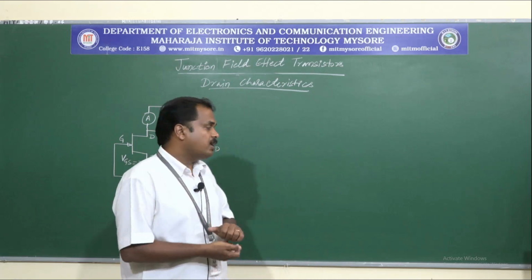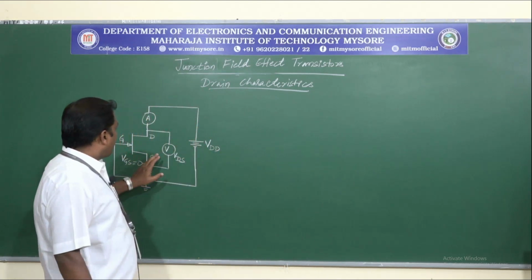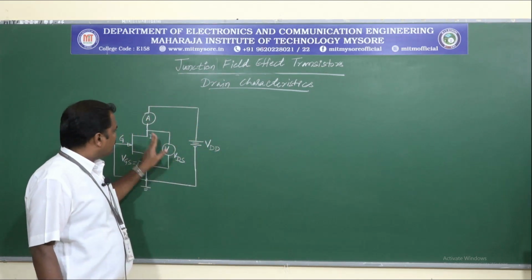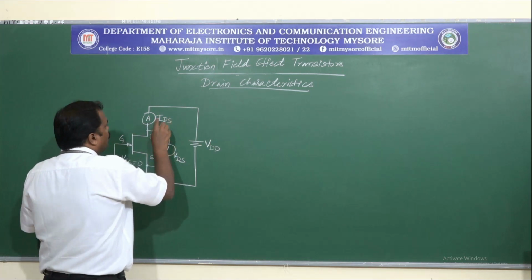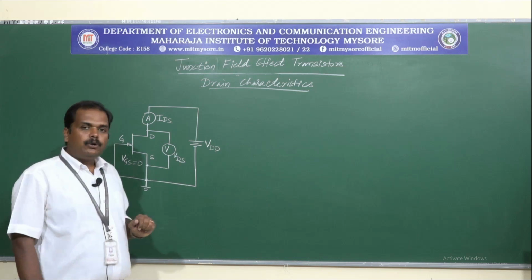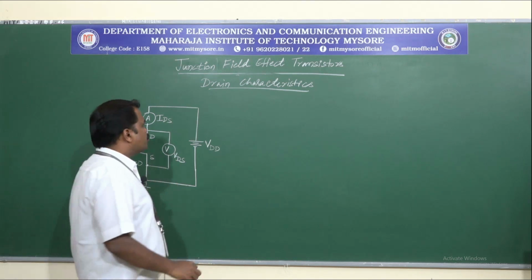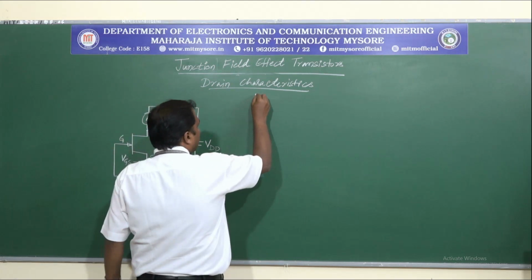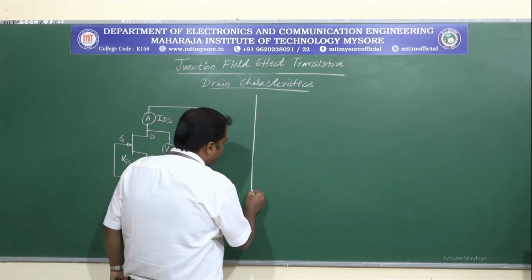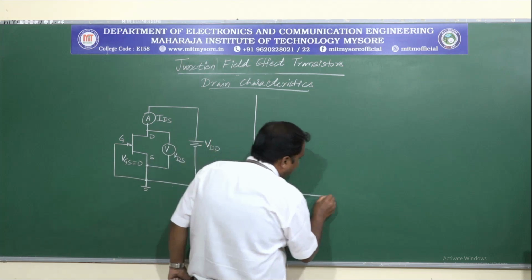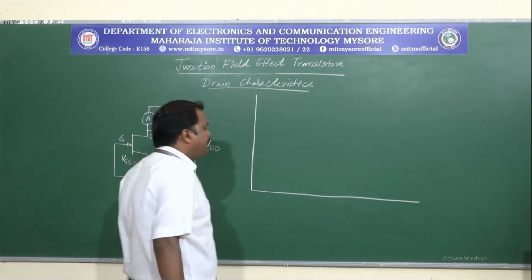What we'll do here is understand how IDS varies according to VDS. So let us plot the drain characteristics, the ID versus VD or IDS versus VDS plot.